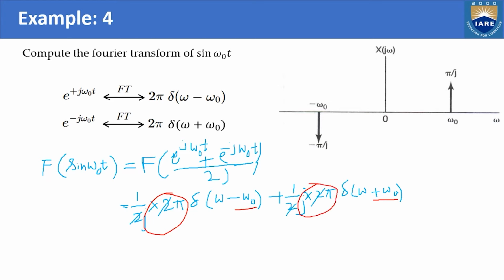So here pi by j amplitude at omega naught location and minus pi by j amplitude at minus omega naught location. There are two delta functions in the frequency domain of a sine wave.